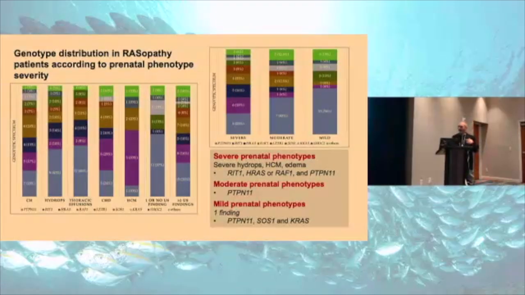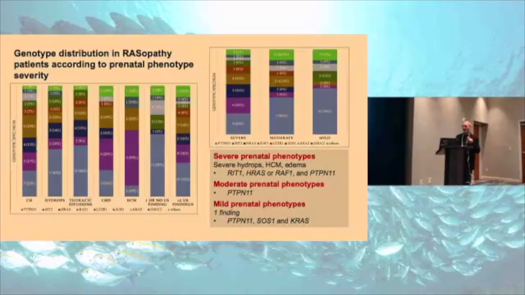When we look at the genotype-phenotype correlations, we observed that severe manifestations of lymphatic dysplasias like hydrops or thoracic effusions were more commonly associated with mutations in RIT1, RAF1, HRAS, but also some cases of LZTR1, and also with cardiopathies.